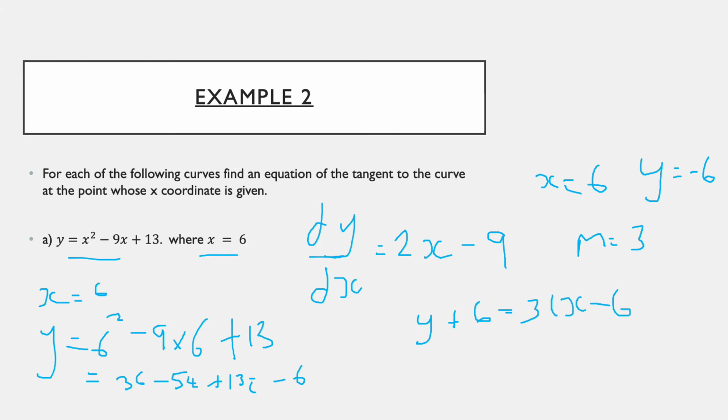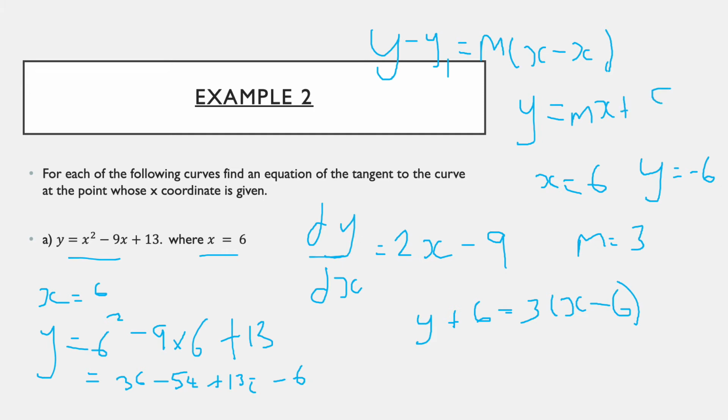Okay, so drill that formula, guys, into your head: y minus y1 is equal to m brackets x minus x1. And it's always in the form y equals mx plus c, which is the straight line form, unless stated otherwise.